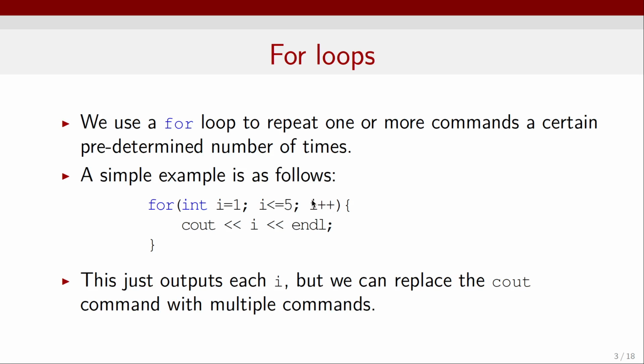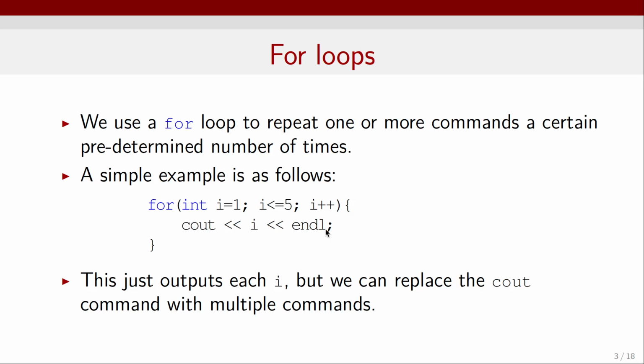So in each loop, in each iteration, I will go to I+1. And then we open braces and we have some commands that will happen repetitively inside the loop, and then we close the braces.